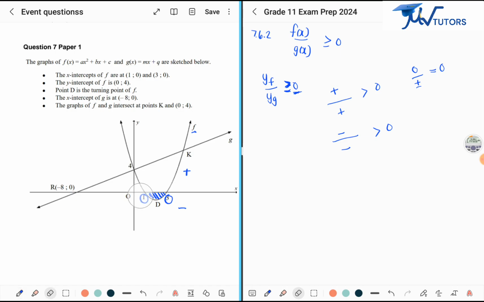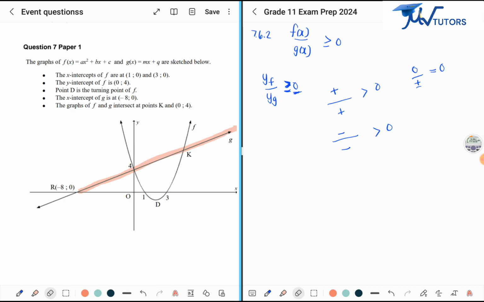So I said we're going to look at where the y values of f are positive and the y values of g are positive. You can see from this point on, g is positive.